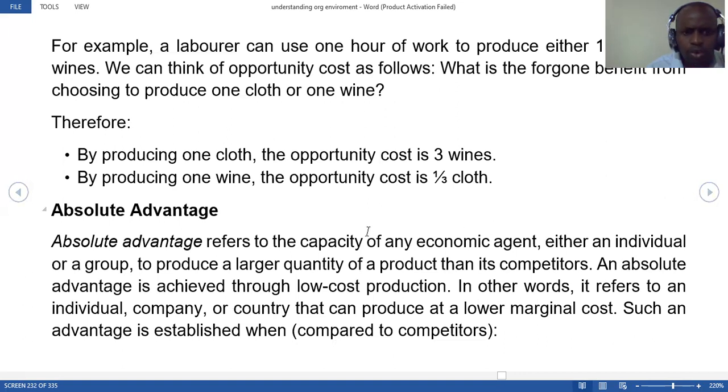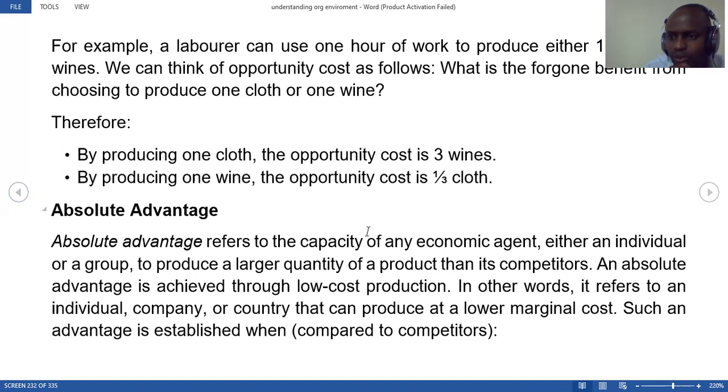Then we have what is called absolute advantage. This refers to the capacity of any economic agent, either an individual or group, to produce a larger quantity of a product than its competitor. For example, we are saying an absolute advantage is achieved through low-cost production. If a company is able to produce at a lower cost than the other company, then we can say that company has an absolute advantage over the other.